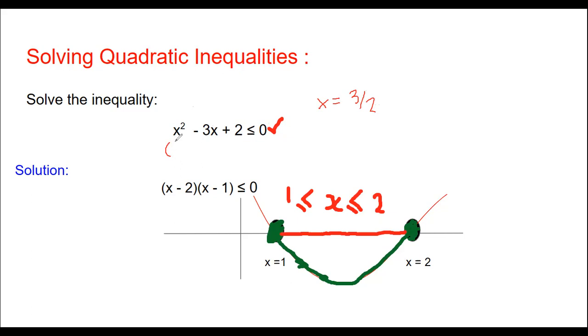So we have 3 over 2 all squared, which is just going to give us 9 over 4, minus 3 times 3 over 2, and 3 times 3 over 2 is just going to give us 9 over 2, and then plus 2. We bring down the plus 2.